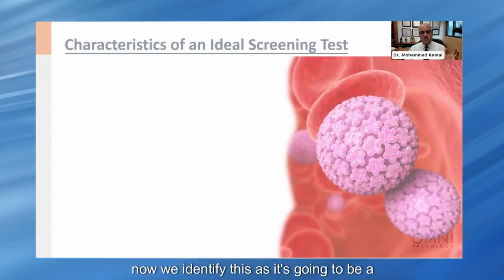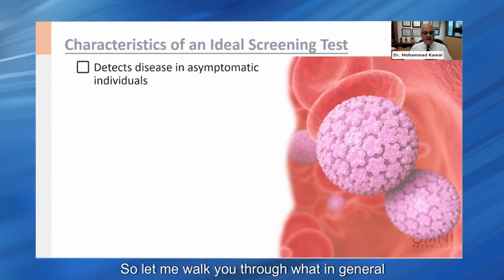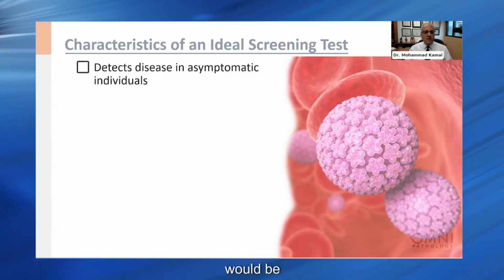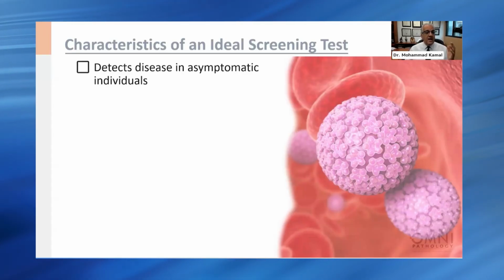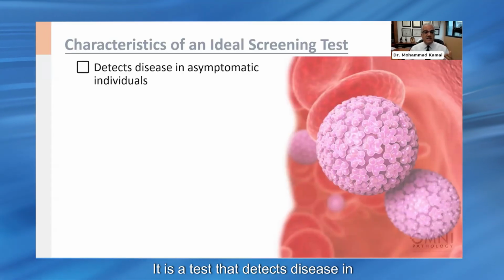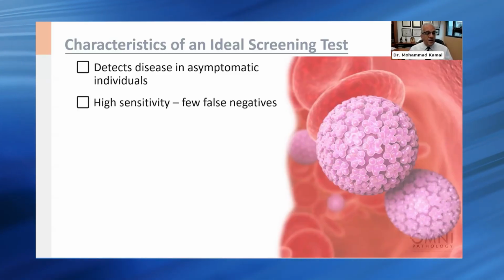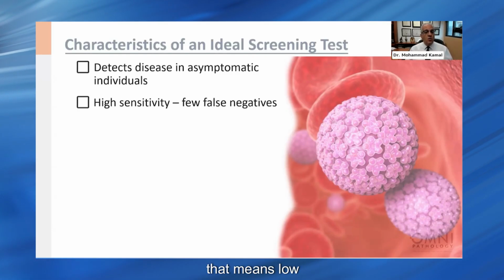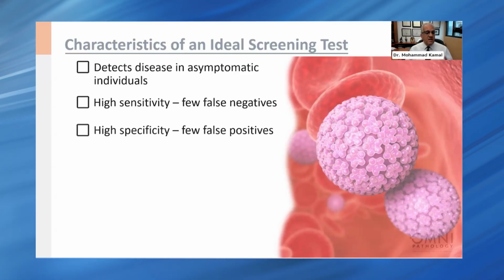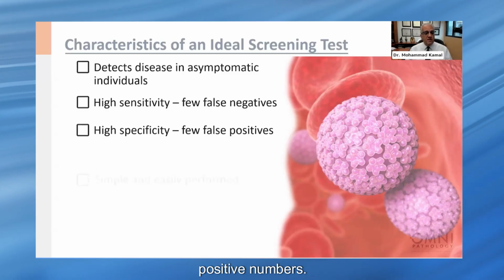So we identified this as it's going to be a screening test. So let me walk you through what, in general, would be the characteristics of an ideal screening test. It is a test that detects disease in asymptomatic individuals, has a high sensitivity, that means low false negative numbers, high specificity, which means low false positive numbers.